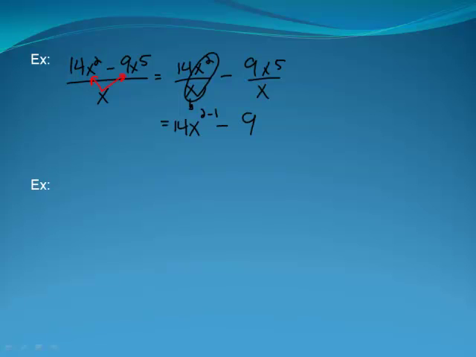Minus 9, same thing here. We've got like bases, so we can subtract the exponents, 5 minus an understood 1. And that gives us 14x to the 1st minus 9x to the 4th. Now that's subtraction, and those are unlike terms, so you can't combine them. That would be your final simplified answer.